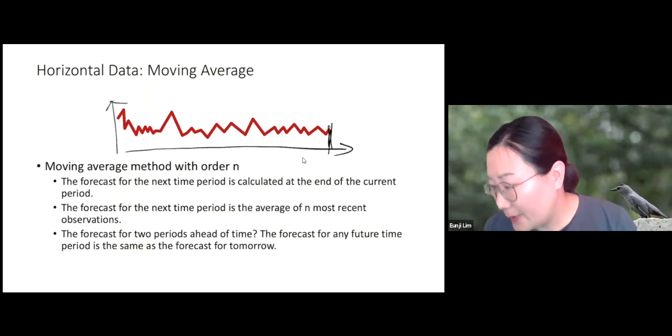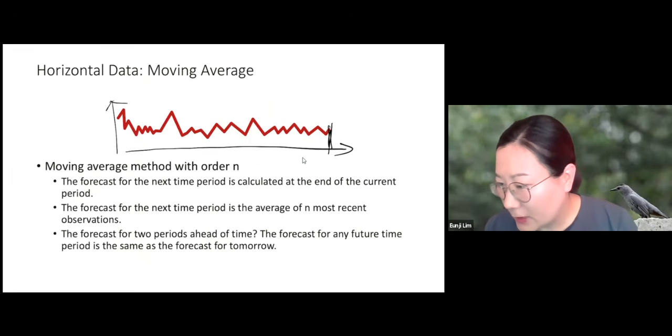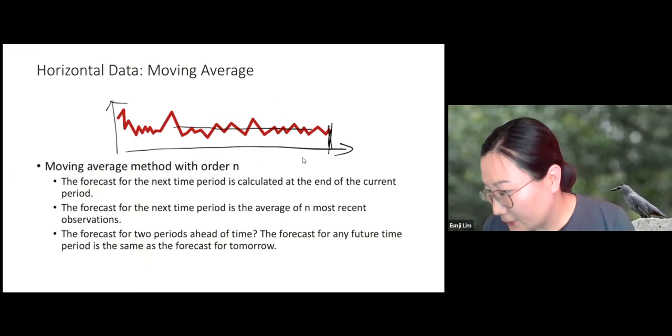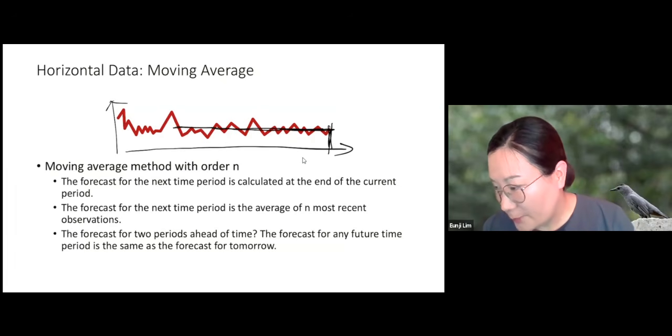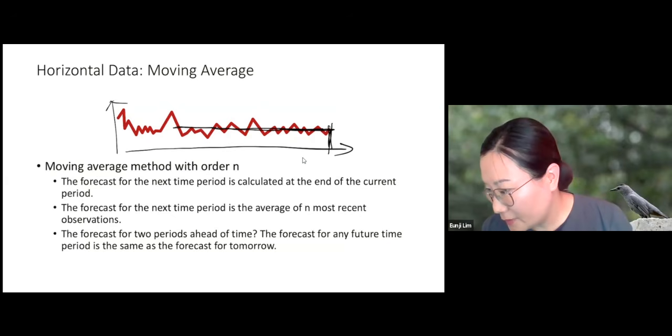So what's our best guess for the next time period? We know that the data set is horizontal, so the sales are staying at this level with some daily fluctuations. So the best guess for the next time period is probably this constant level.